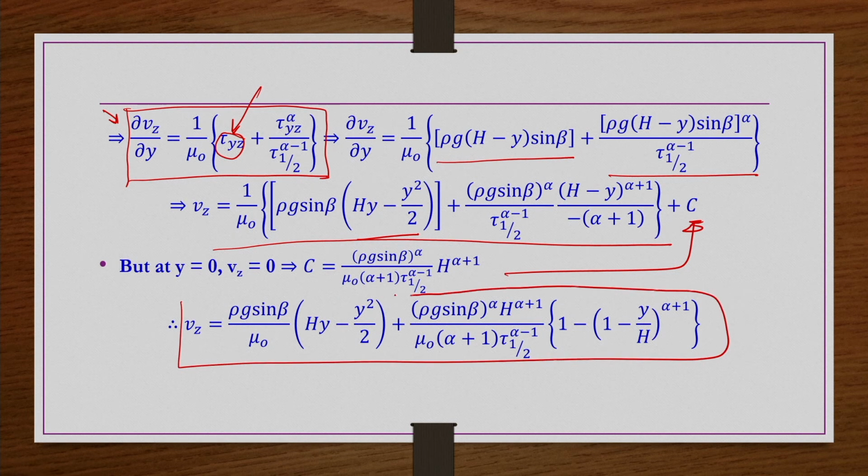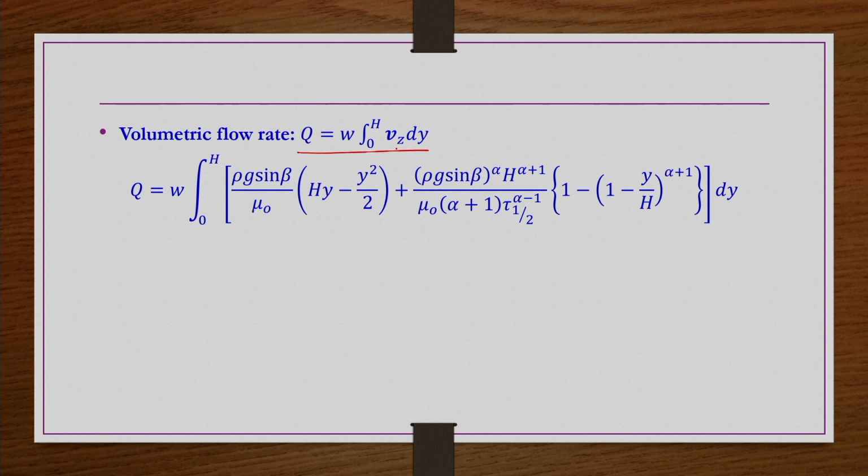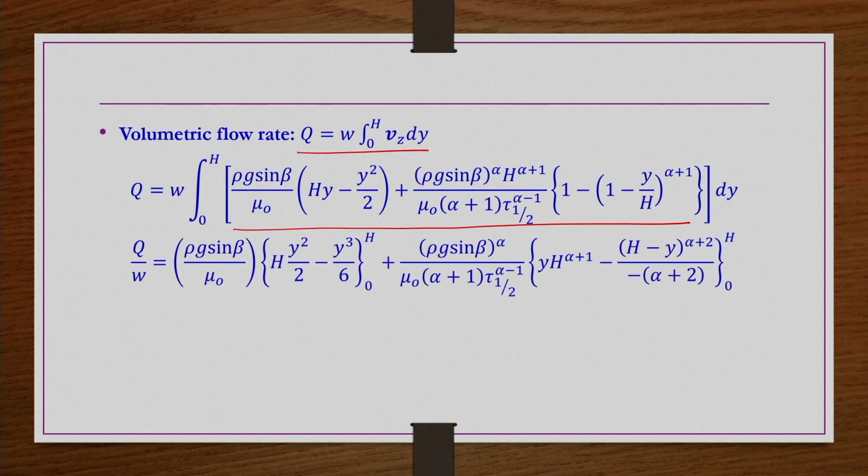It is simple simplification, just rearrangement, so I am writing directly here. The volumetric flow rate Q is equal to the integral from 0 to h of Vz W dy. W is nothing but the width of the fluid in the x direction that we have seen in the geometry. This Vz expression we got already, and if you integrate it, for this term you get y square by 2, for this you get y cube by 3, and here you get y.